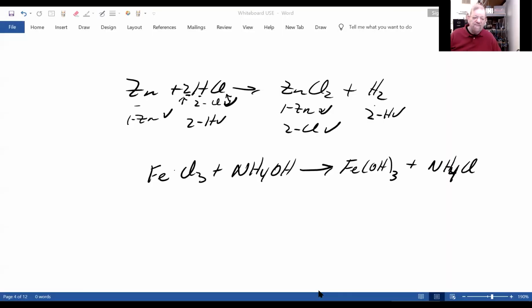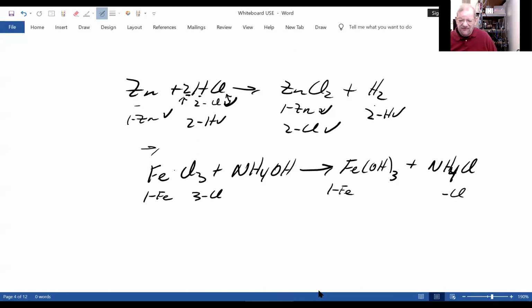So let's look at the example I just gave you. And I'm going to say, oh, look, there's 1 iron. There's 1 iron here. Going this way, because I'm lazy, I have 3 chlorine. Oh, wait, I only have 1 chlorine here.